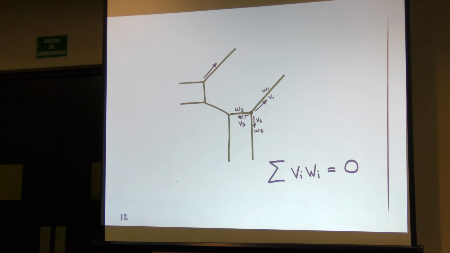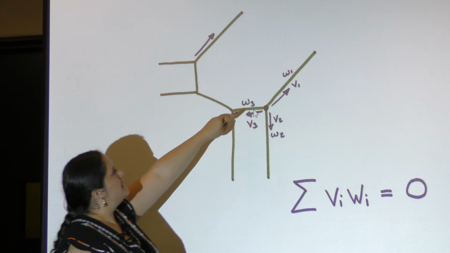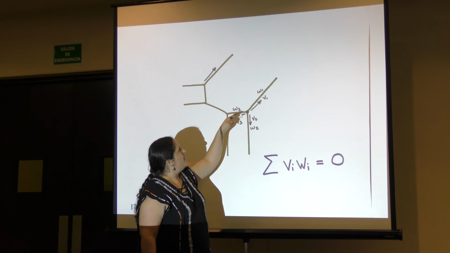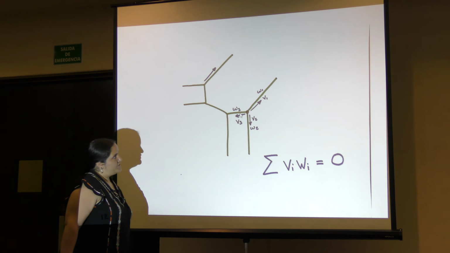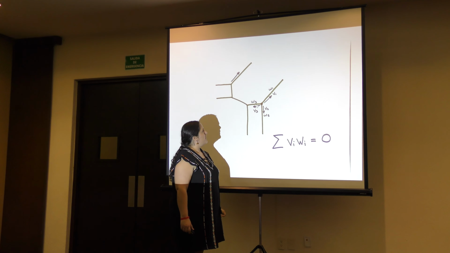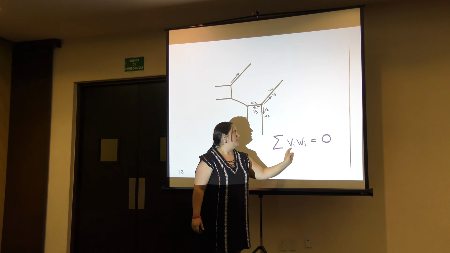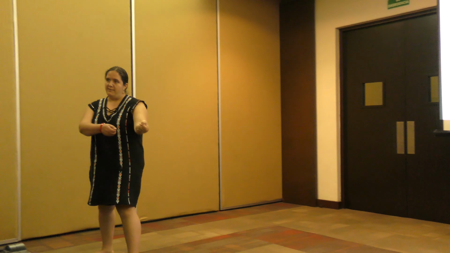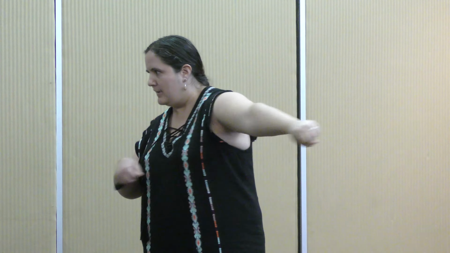And balanced means that each edge has a weight, here the weights are omega 1, omega 2, and omega 3, and we have a primitive vector for each edge pointing away from a point P, and the weighted sum of these vectors is zero. This is the balancing condition. You can think about it as: at each point, if I have a cord or whatever that I'm pushing in direction v with force omega, nothing happens. Everything stays.